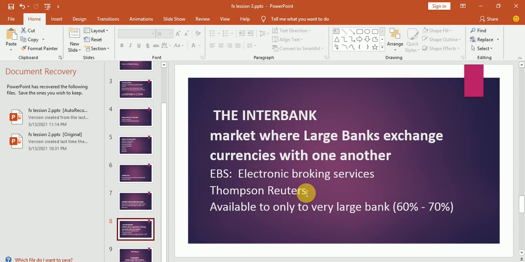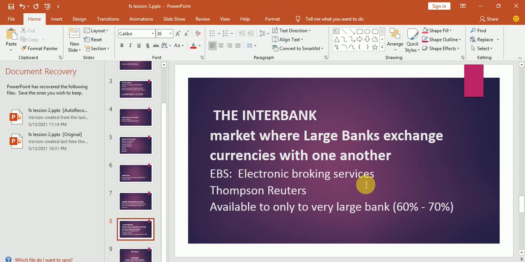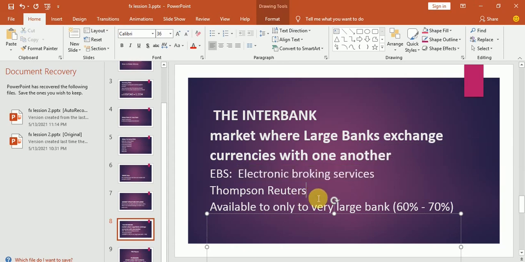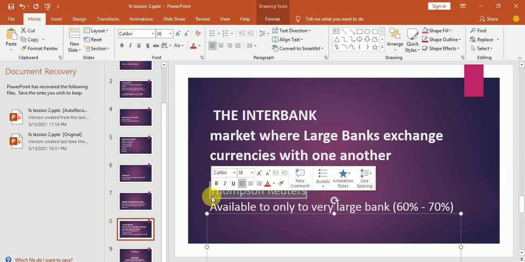And there are only two platforms they can trade on. The first platform is known as the EBS, Electronic Broking Services. Or they can trade on Thomson Reuters. Okay.